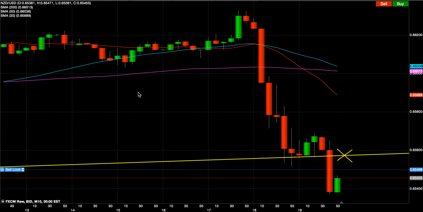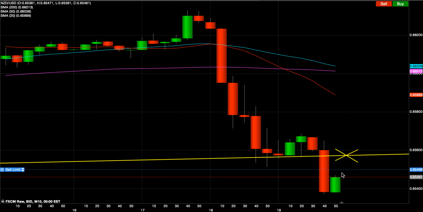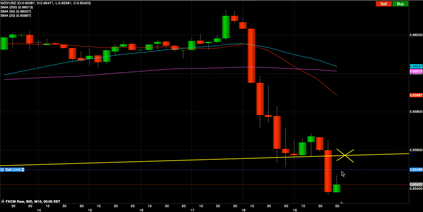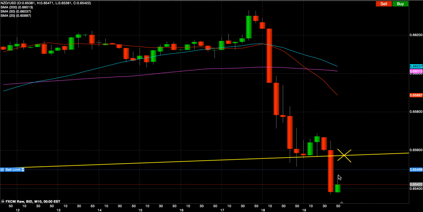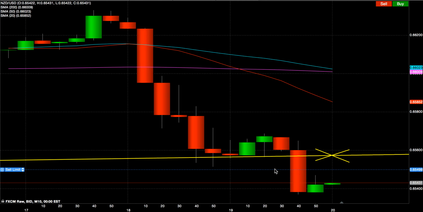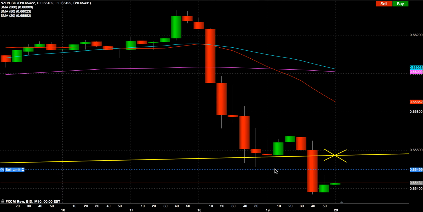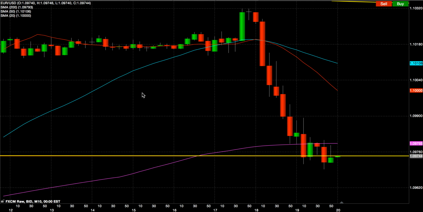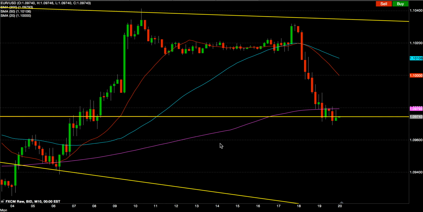About one more minute to go. We'll get the new candle. We'll see if we can get filled here at 65499. Nope. Let's see what the euro dollar looks like. So this should start to pull back here.